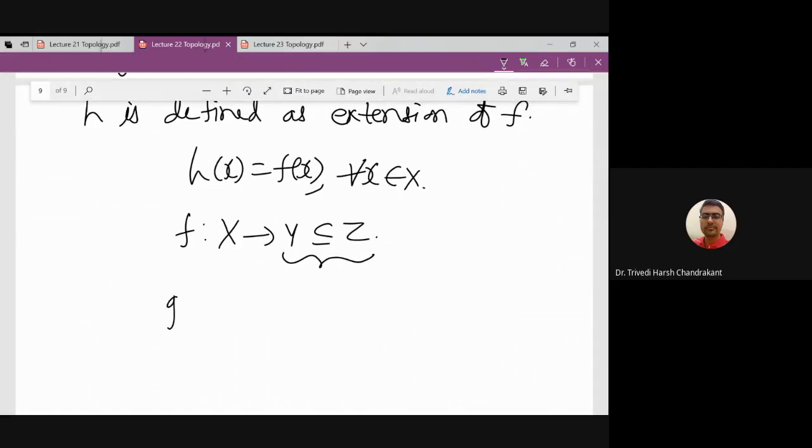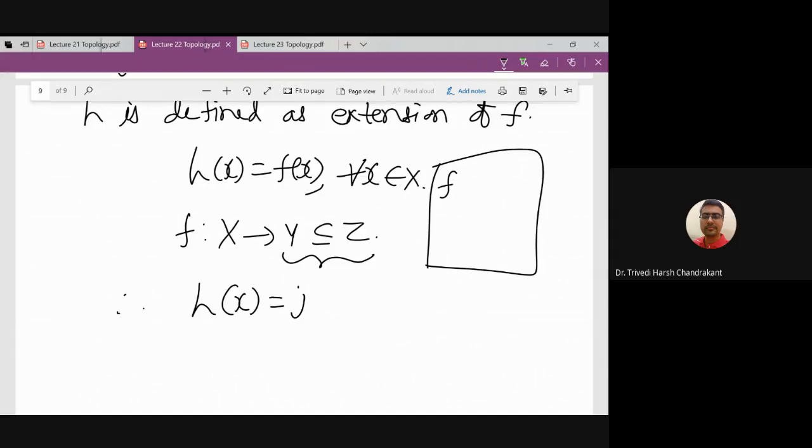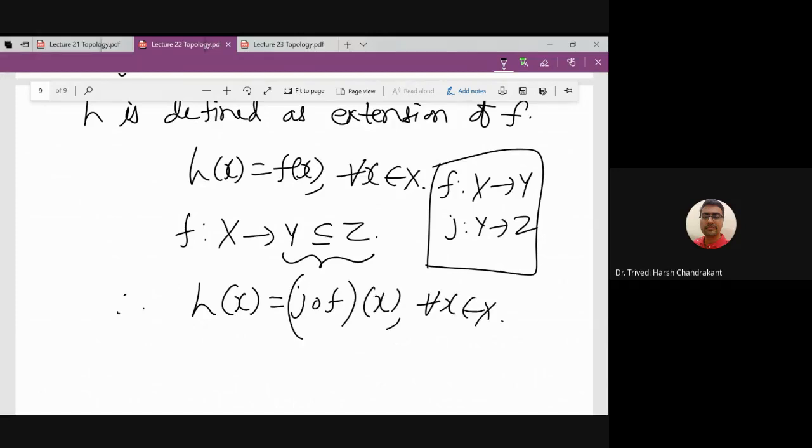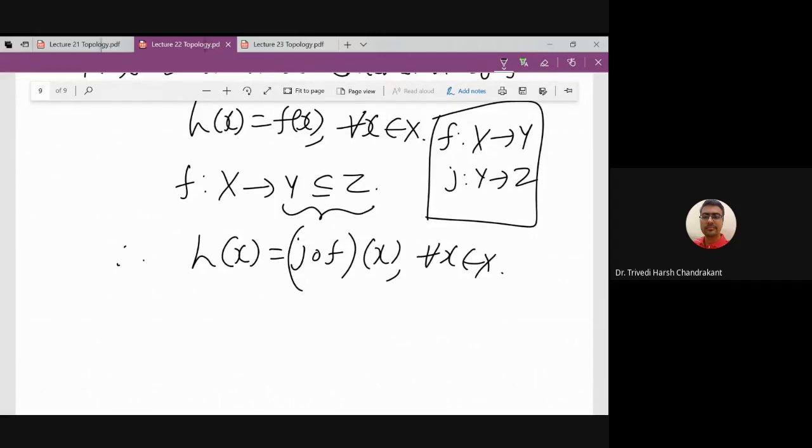So what is h? h is basically the composition of f, which is from X to Y, and the inclusion map j from Y to Z. So h is basically j composition f, and we know that f is continuous and inclusion is continuous, so h is a continuous map.